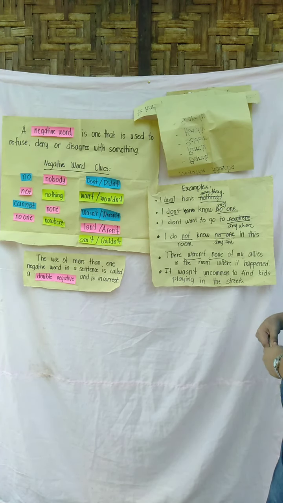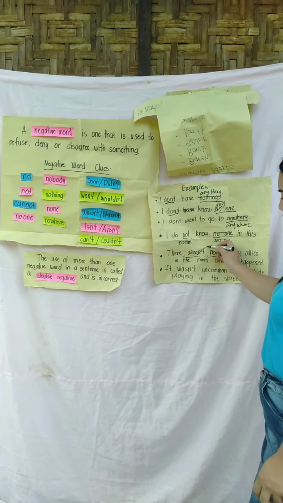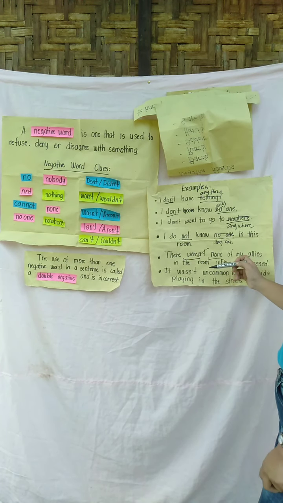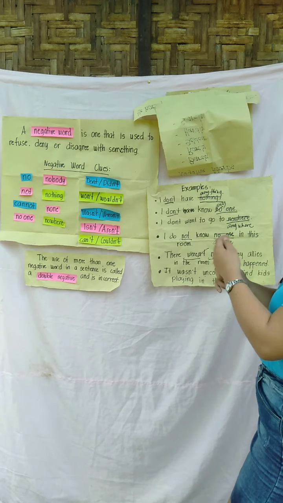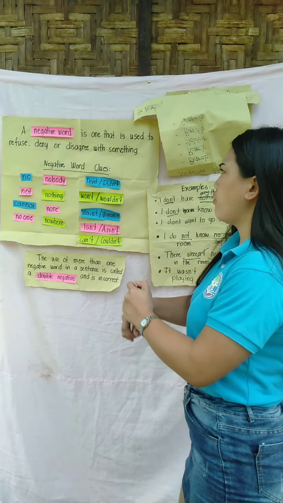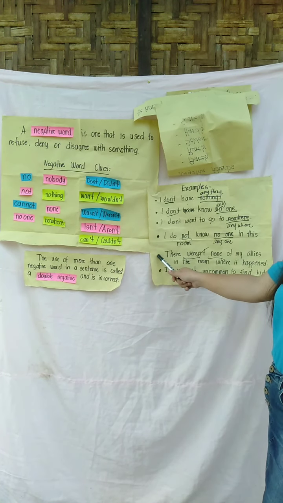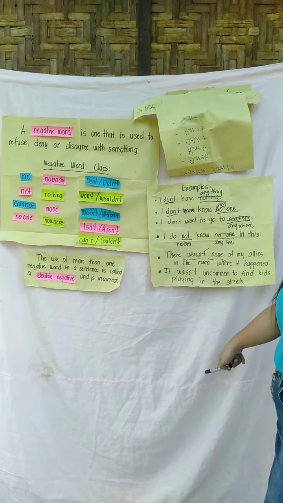There were, let's erase this, and: there were none of my eyes in the room where it happened. Only one negative word is left in this sentence, so this is now a correct sentence. Let's go on to the next.